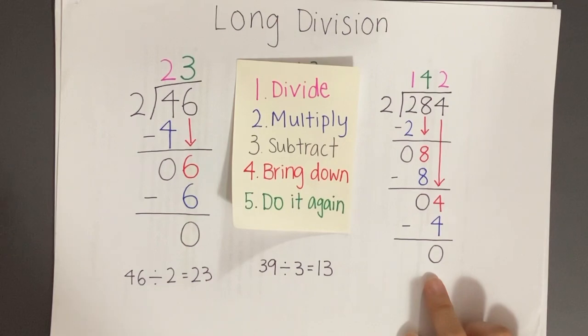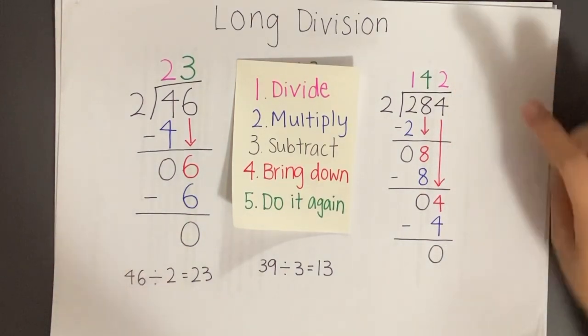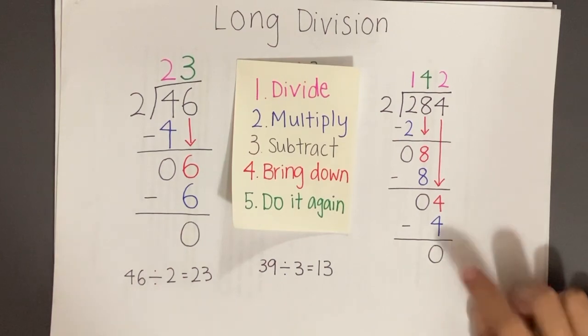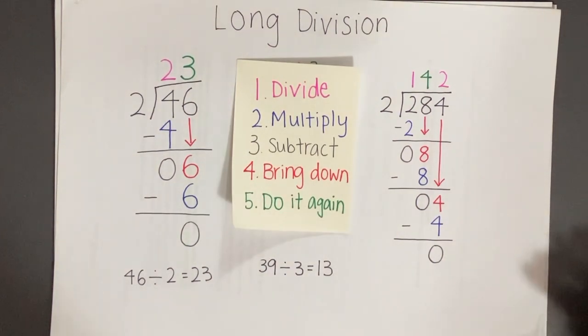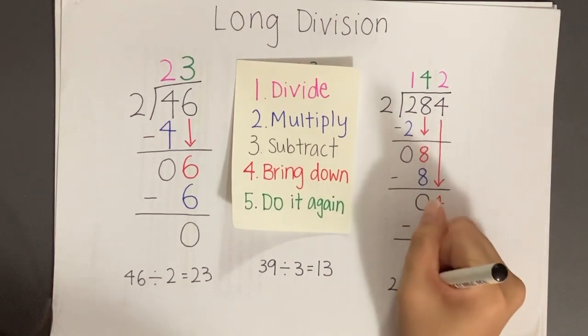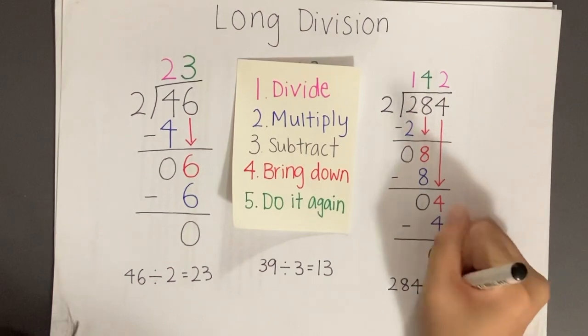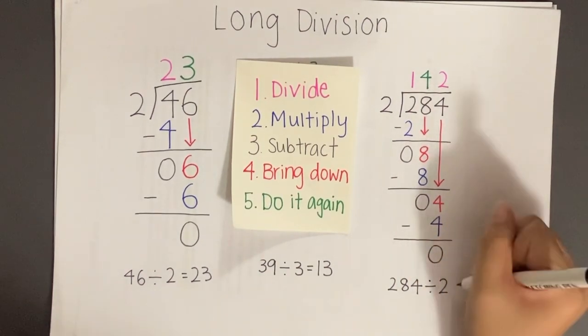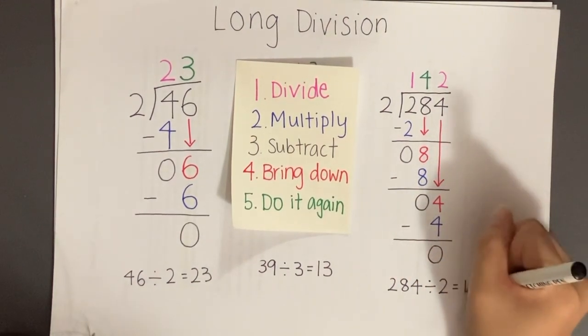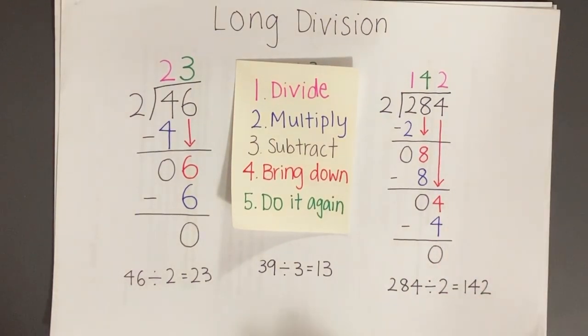Which means my quotient is 142 and my remainder is 0. So if I were to write it in an equation, I would say 284 divide by 2 gives me 142.